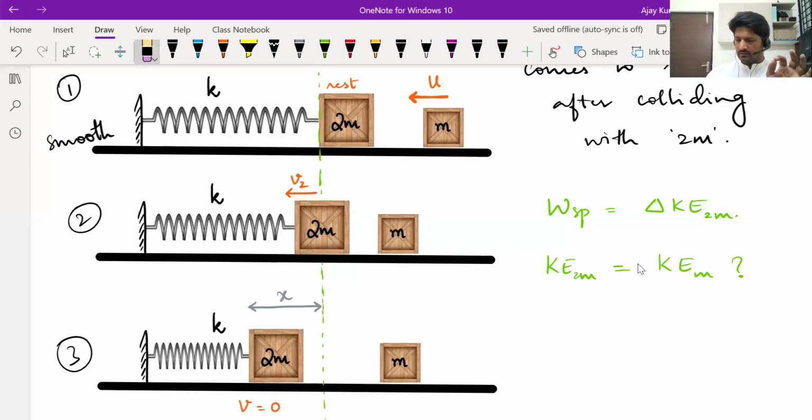So my question now is, is mass m giving all its kinetic energy to 2m? Is there a way to confirm that? We know it's losing all its kinetic energy because it was moving with a speed u initially, and then it's coming to rest upon collision. So it's definitely losing all its kinetic energy. Is 2m getting all of that or not? That's the question.